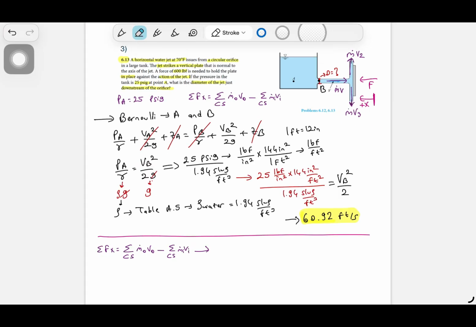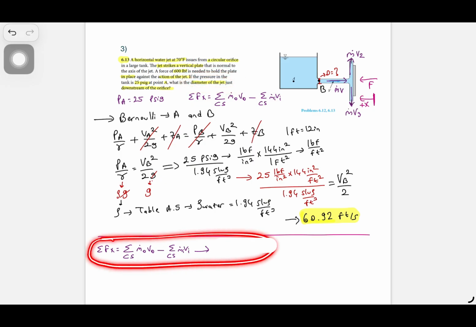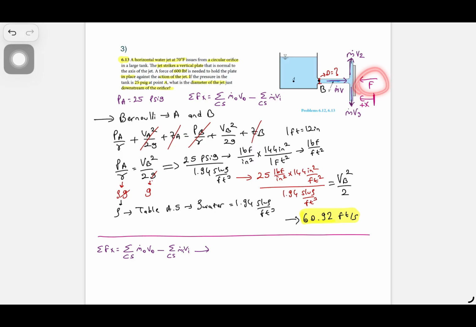Okay, now we can focus on the second part of the question, which is we need to find a diameter of the jet. So that we need to use the momentum equation. Because rate of change of momentum is equal to force, so this is actually momentum rate. So we need to find the change of momentum rate.